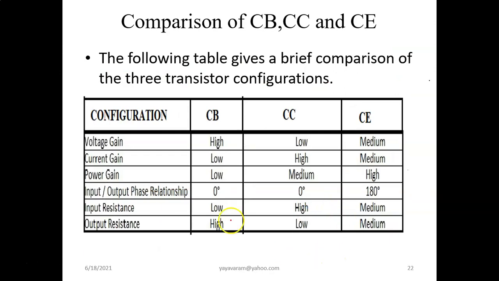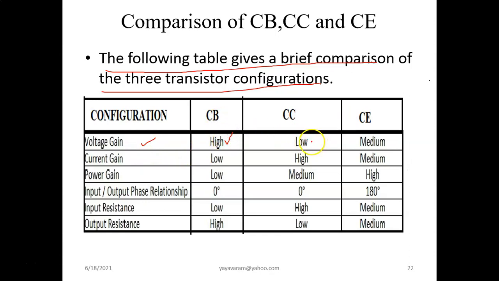Very, very important. Before I conclude, I have given a table. The following table gives a brief comparison of the three transistor configurations: common base, common collector, common emitter. The voltage gain for common base, as I have already told you, is very high.